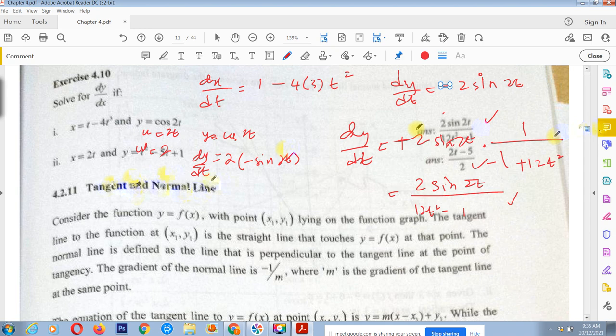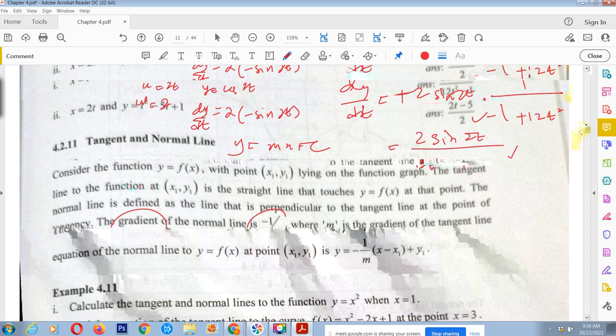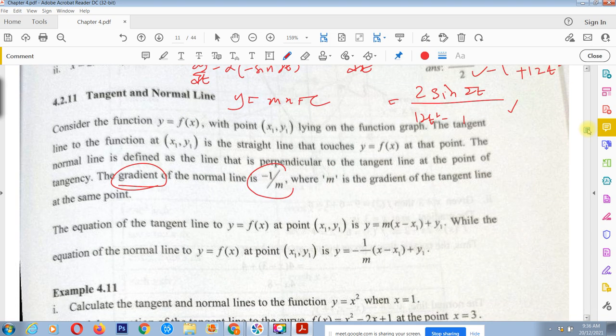We have a line equation, y equals mx plus c, where c is the intercept and m is the gradient. The gradient of the normal line will be negative 1 over m, and m is the gradient of the tangent line at the same point.